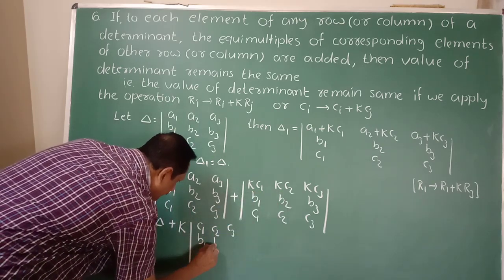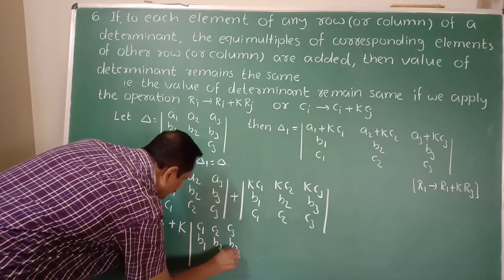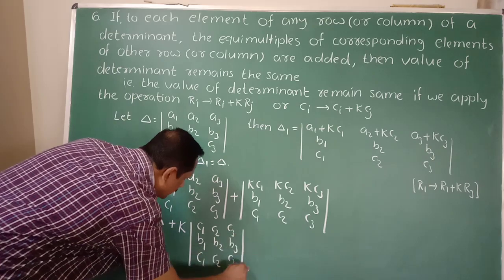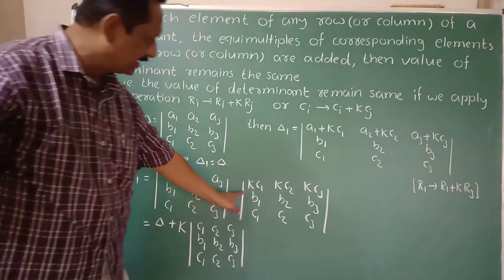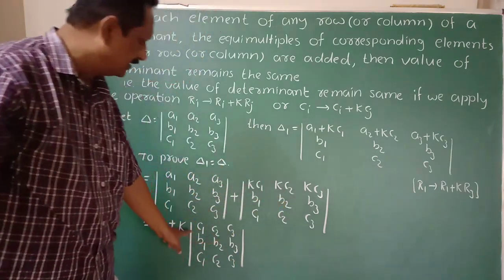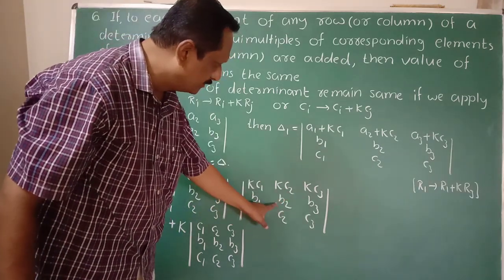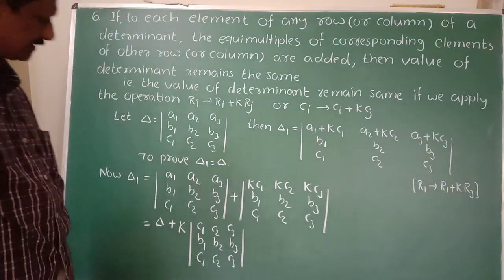We are taking k common from the first row, then C1, C2, C3, B1, B2, B3, C1, C2, C3 as it is.